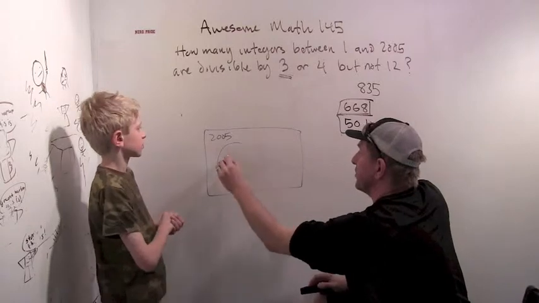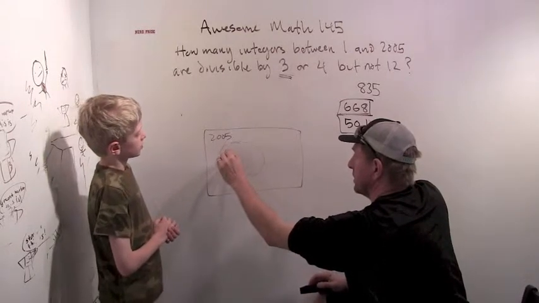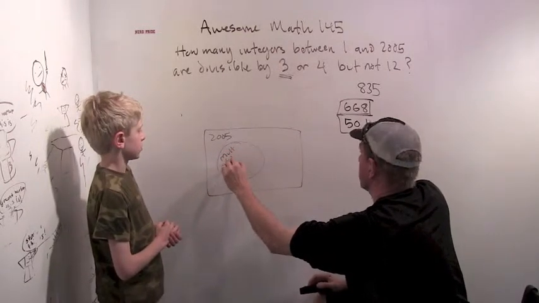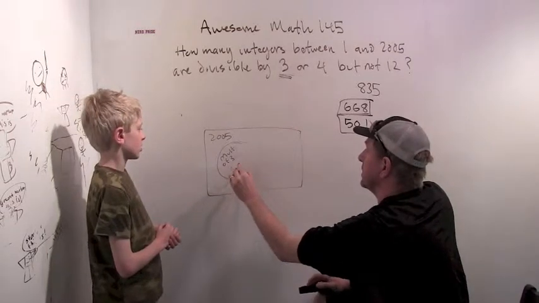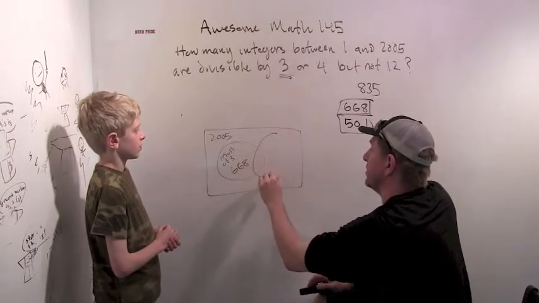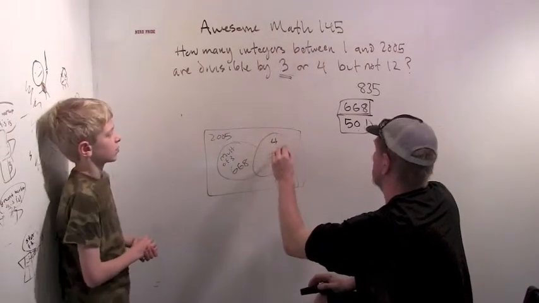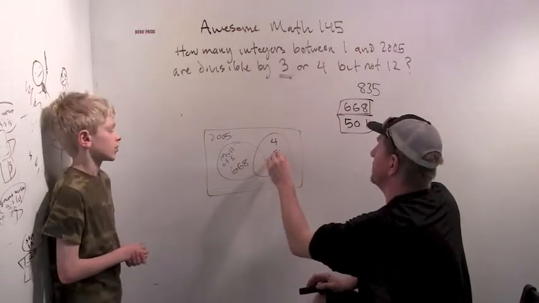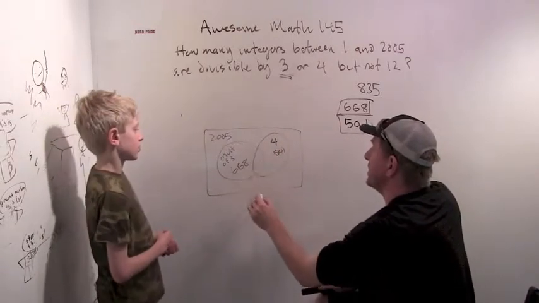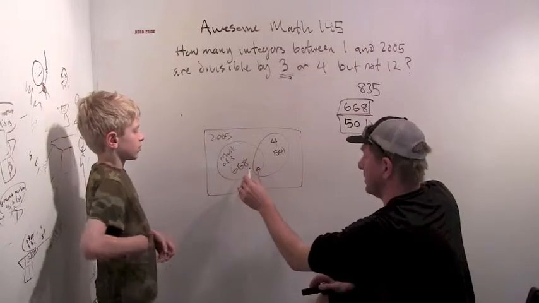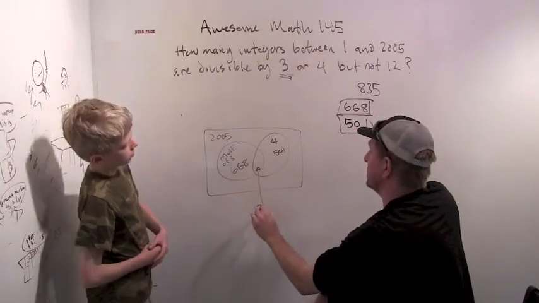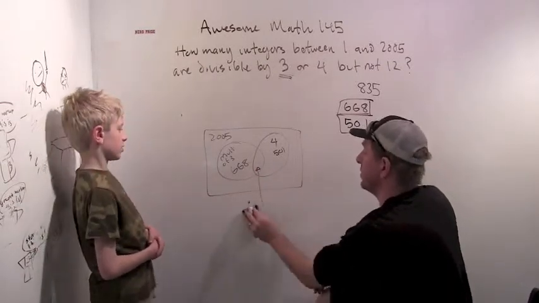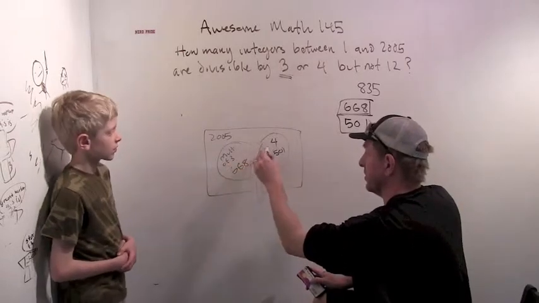In the multiples of 3, we had 668. And in the multiples of 4, we had 501. And in the overlap, there were 167, because multiples of 12 are multiples of 3 and multiples of 4.